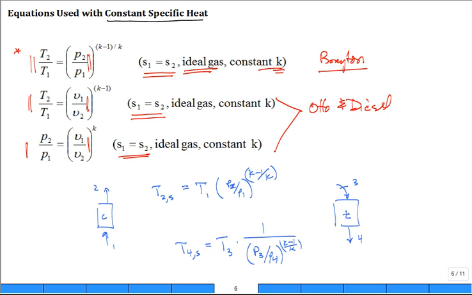One way to look at that equation is to just turn it around conceptually. Think about going from 4 up to 3. It's like T3 is equal to T4 times P3 divided by P4 to the k minus 1 over k. Okay, so this is the one that we'll use now.